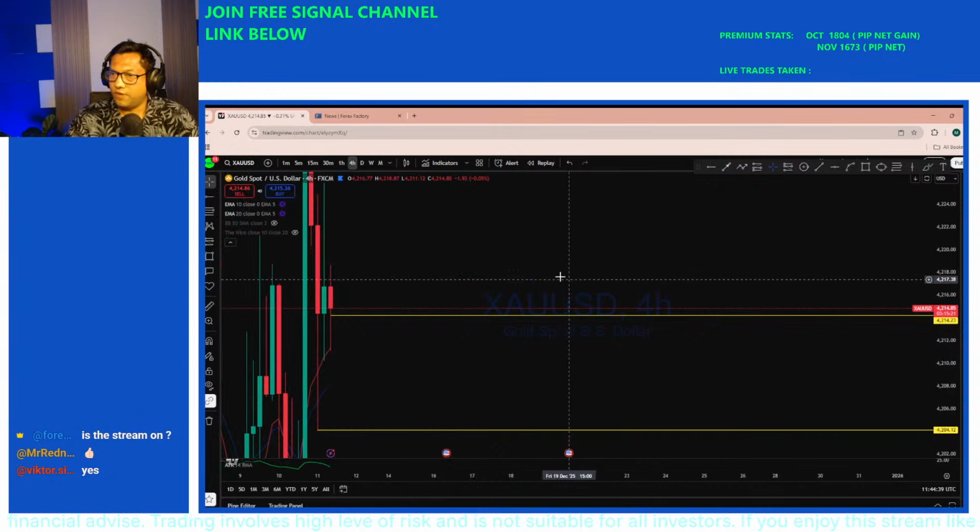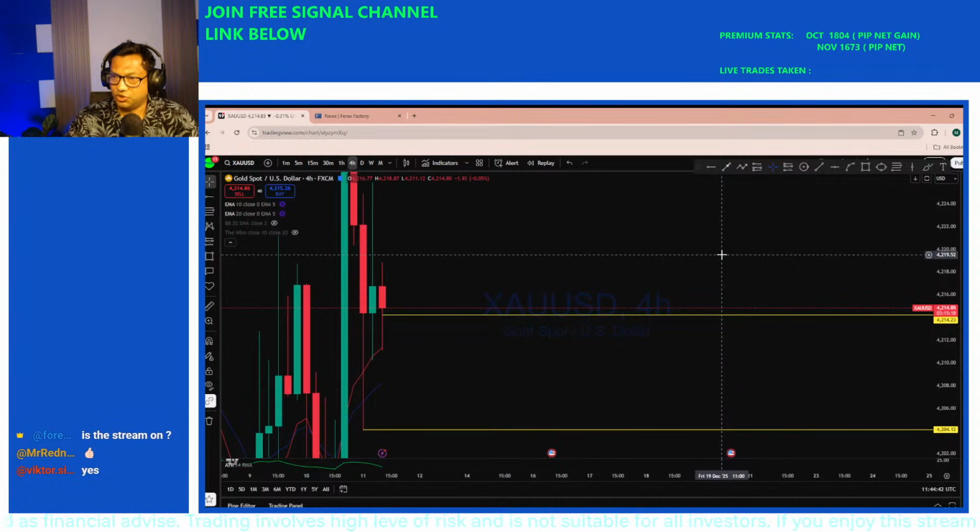So looking at multiple time frames will always give you a better understanding of the market structure.